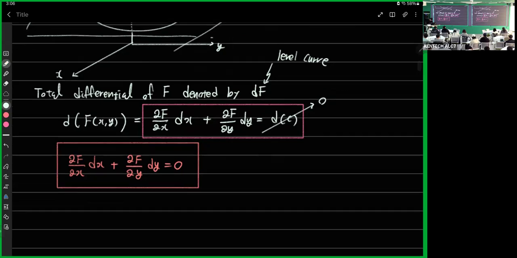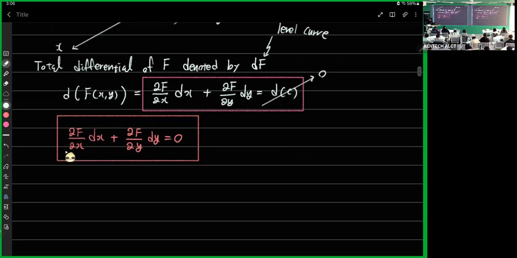Now let me say simply, let's say this is M of x comma y and this is N of x comma y.